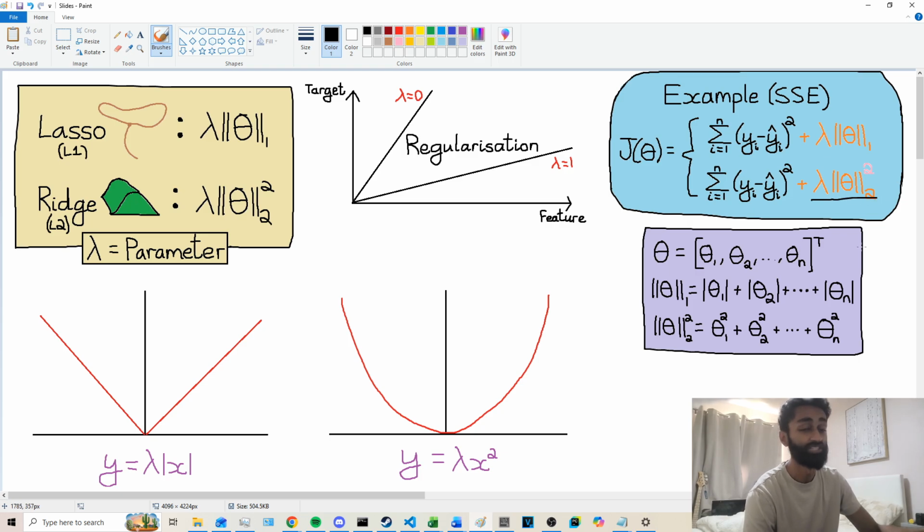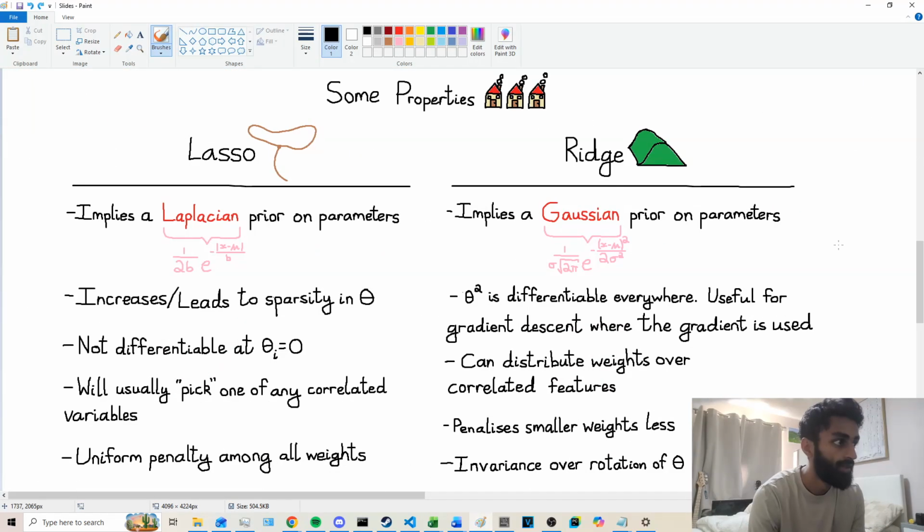This is literally just dependent on the distance. So if you rotate around the origin, preserving the distance, this term does not change. So this gives us symmetry around the origin. So that's just another feature of Ridge.